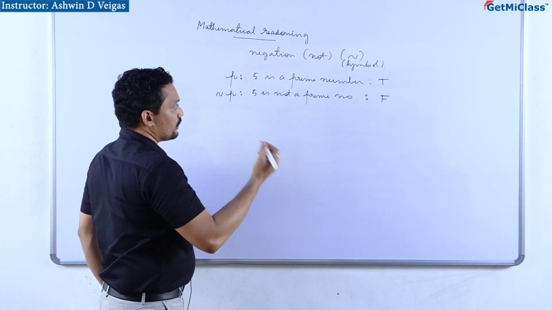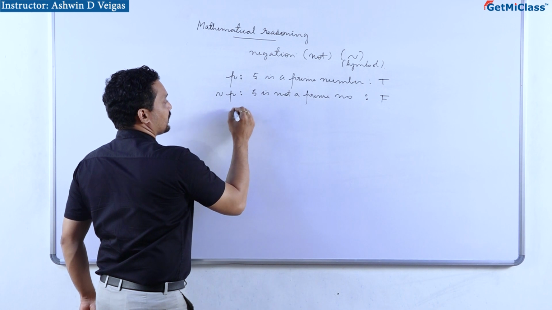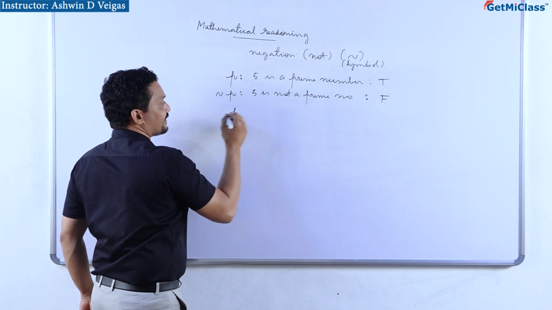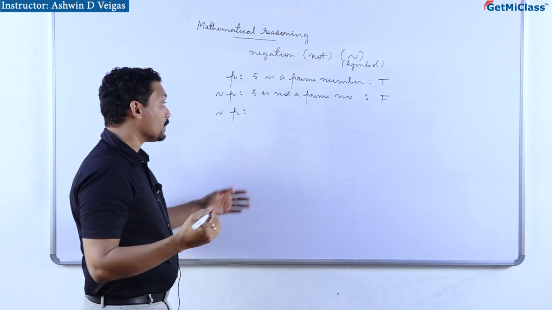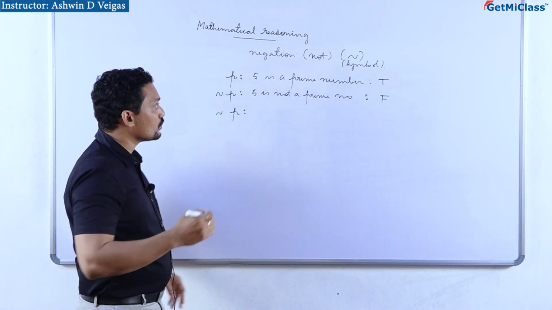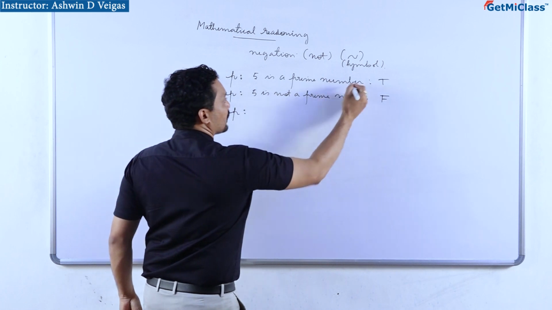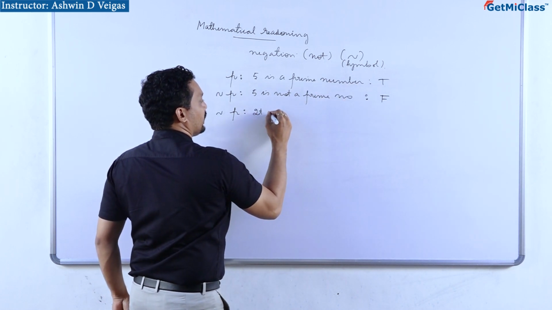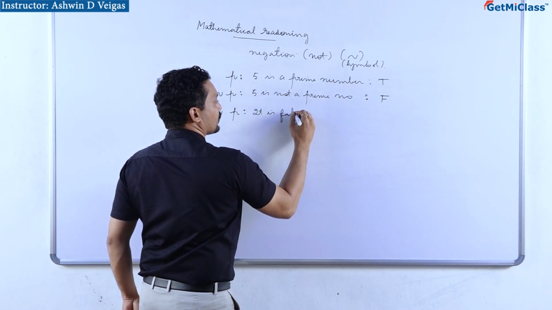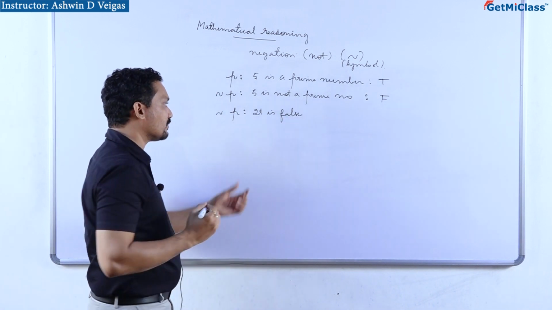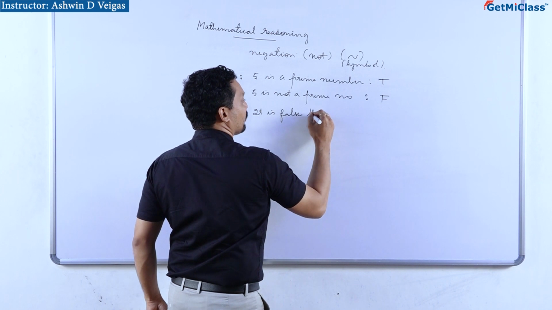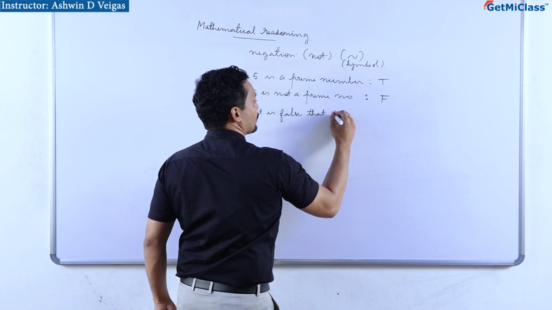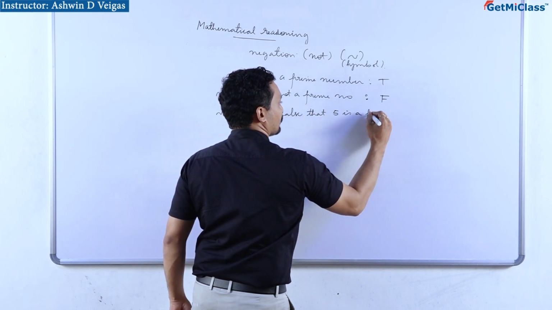Now, let us go for another example. In the case of negation P, there may be alternate ways to negate this. You can also say, it is false that 5 is a prime number. So, sometimes you can negate using the words it is false that.